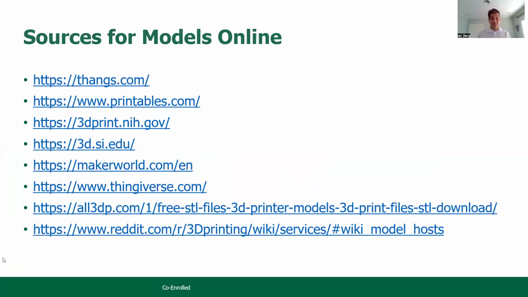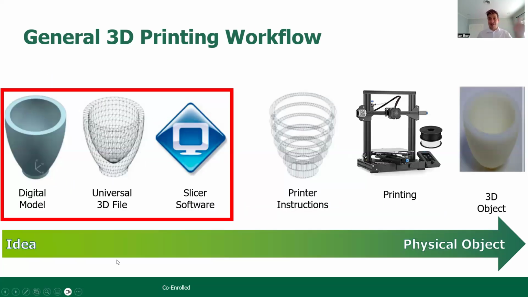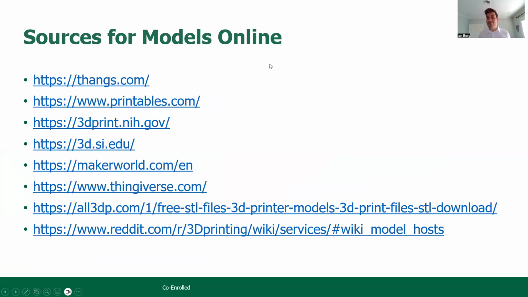So one way to get that digital model, either in its CAD or its mesh format, is just to go online and directly download models. I'm happy to share these slides. That was my intention. So I just dumped a whole bunch of links here, Thingiverse, Printables. Especially in the medical world, there are even NIH-hosted websites with anatomical models and stuff like that.